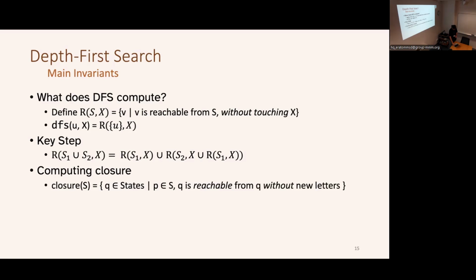And so the main thing we want to do with DFS is compute the closure, and by this I mean that when we have reached some set of states, we want to know what is the set of states that are reachable from my current set of states without consuming new letters.